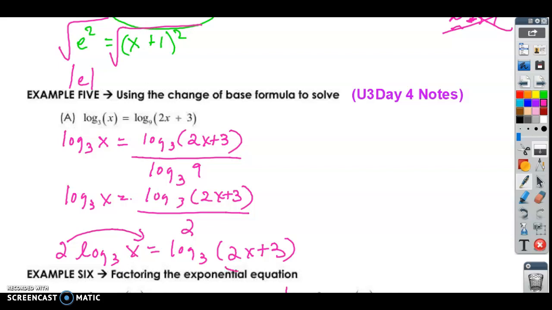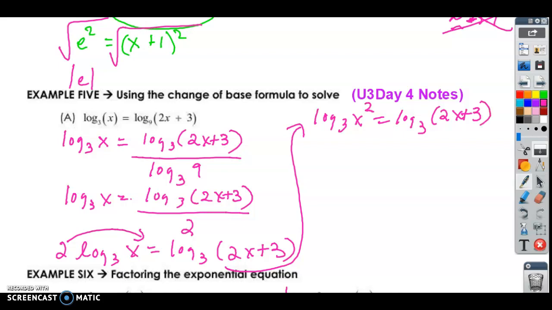When I do that, and I'm running out of room, so I'm going to rewrite up here, log base 3 of x squared equals log base 3 of 2x plus 3. Okay, so now I've got x squared equals 2x plus 3.